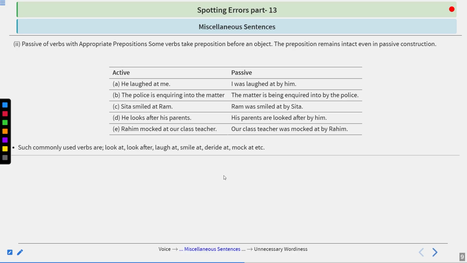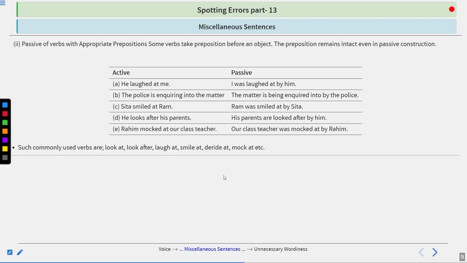The police is inquiring into the matter. The matter is being inquired into by the police. So again, we haven't removed the preposition into, which is used with inquire in the active voice. Sita smiled at Ram. Ram was smiled at by Sita. He looks after his parents.